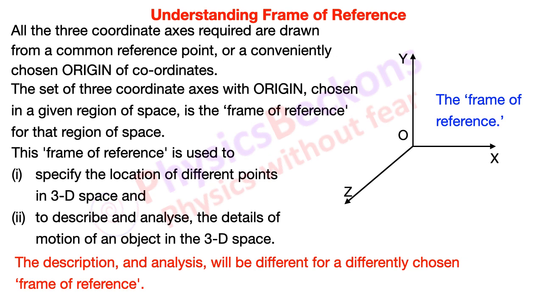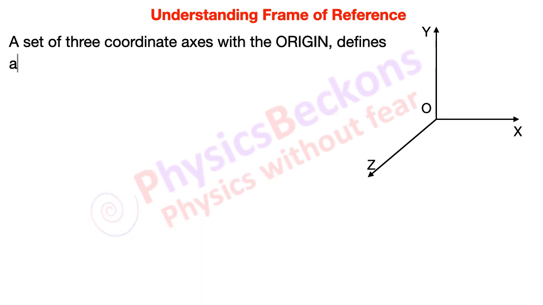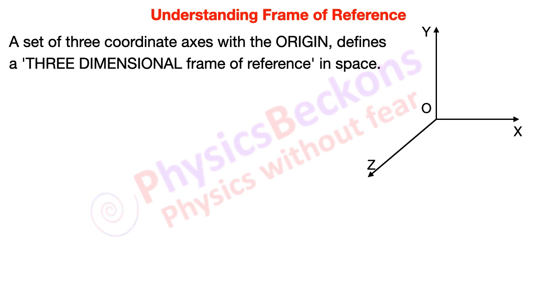Supposing another observer chooses O dash as the origin, the values of x, y and z coordinates will accordingly change for the same point. So a set of three coordinate axes with the origin defines a three-dimensional frame of reference in space.